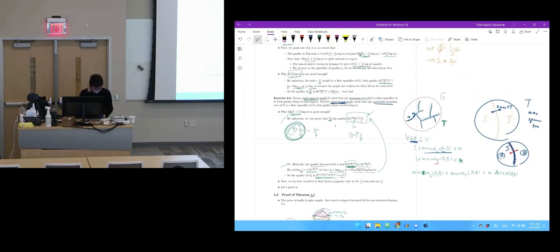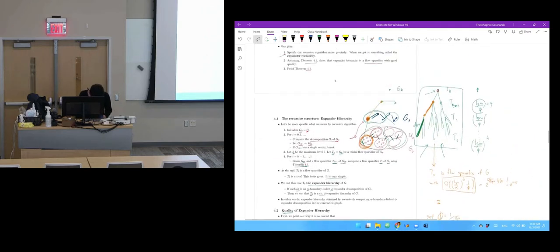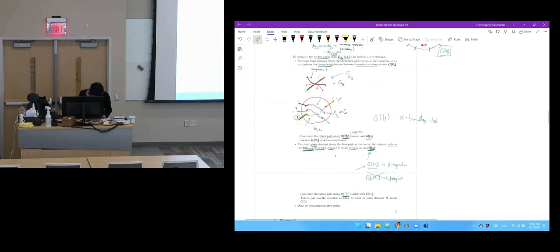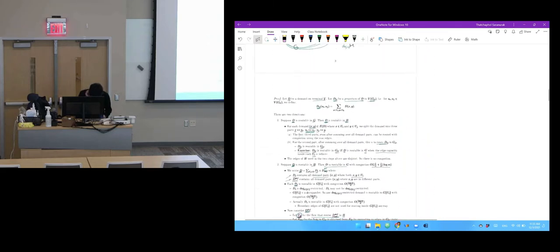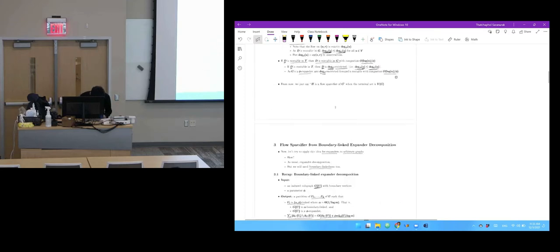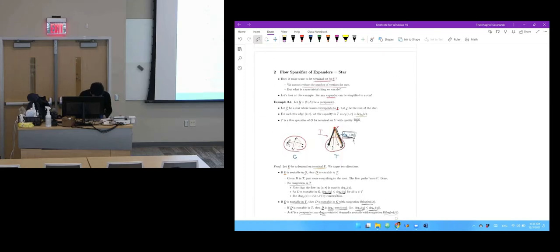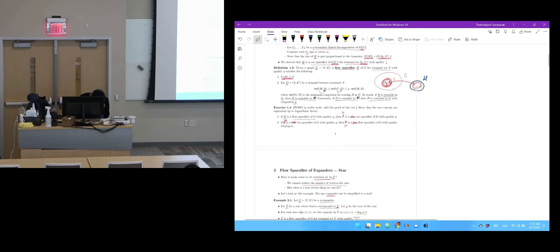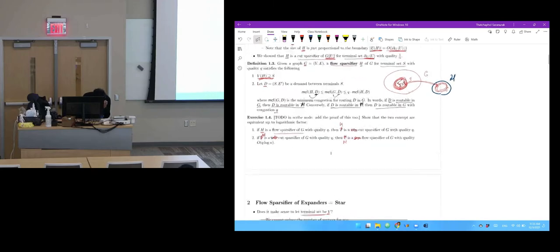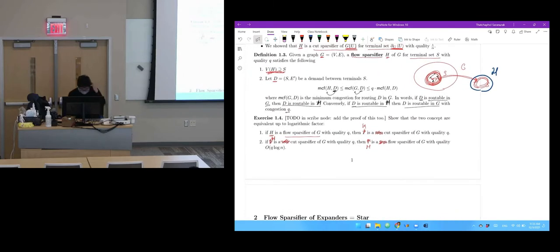That's exercise 2. Why is it the case that a flow sparsifier is a cut sparsifier, and a cut sparsifier is also a flow sparsifier with quality loss of log n?